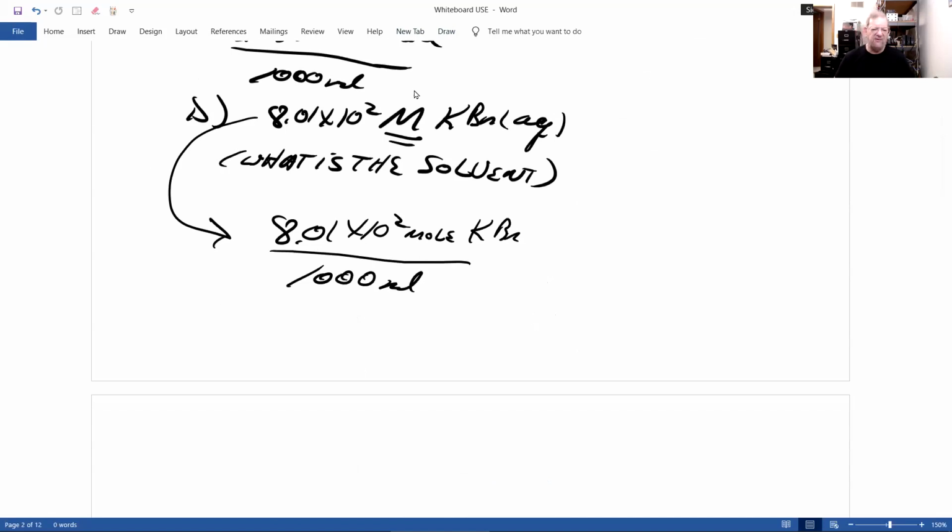That's the definition of molarity. And this AQ in a bracket tells me the solvent is water. And you should know how to do this. Now, it turns out molarity is way, way useful.